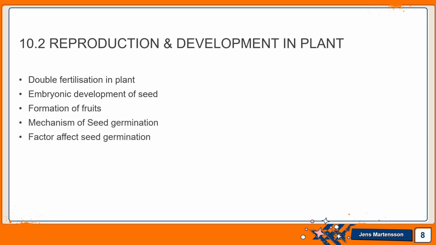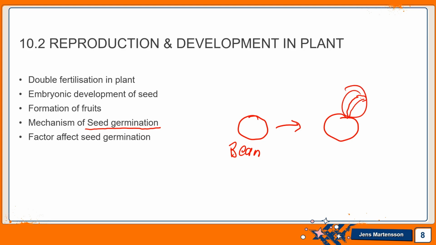Okay, then another topic is seed germination. You have to know what is meant by seed germination. Germinate is like when you eat the seed, like a bean. Germinate is the process where the leaf or stem comes out. This is called germinate.